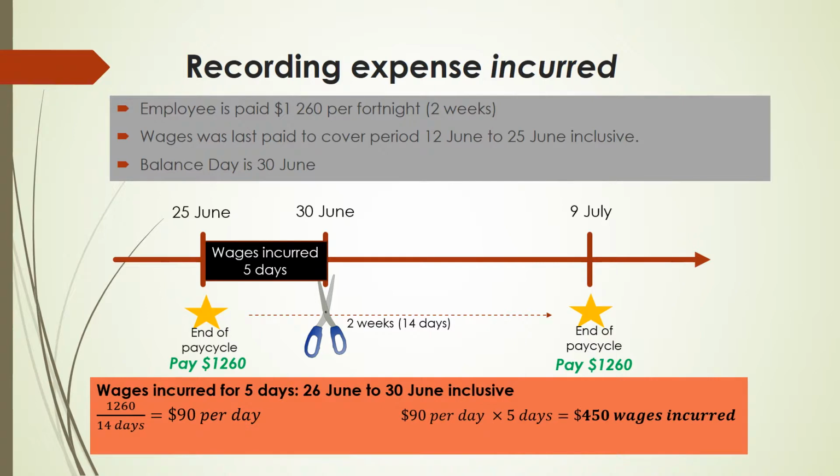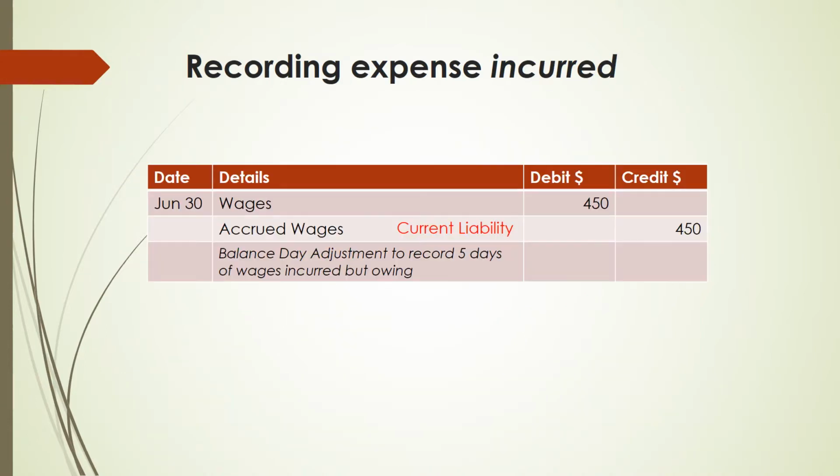So in this case here, we need to calculate the amount of wages incurred over the 5 days, and this totals to $450 wages expense. From the previous slide, we can see that as at the balance day, 30th of June, our employee has worked the additional 5 days.